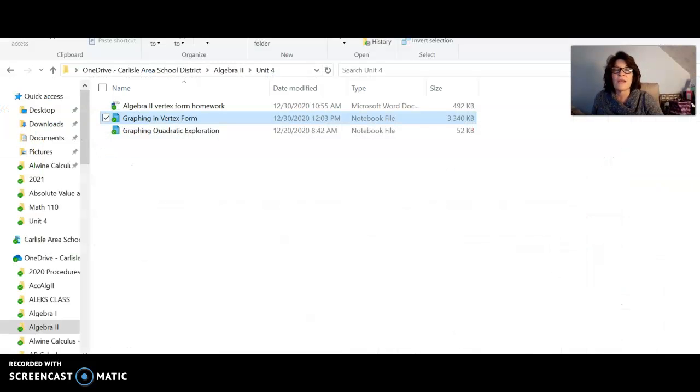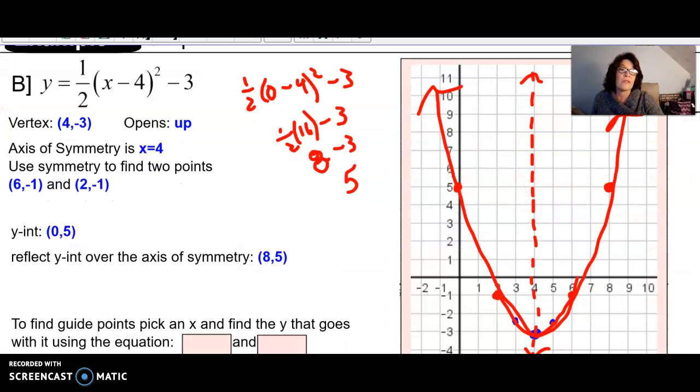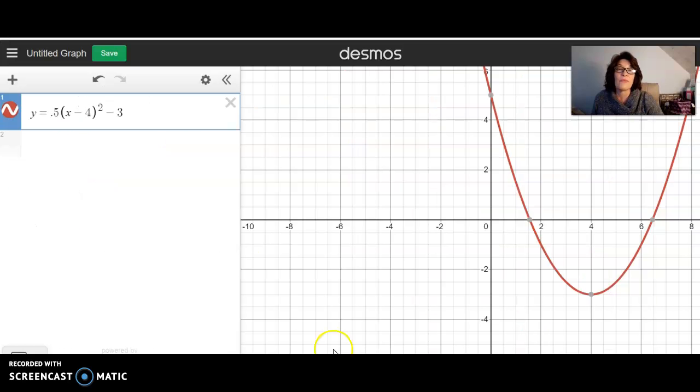Okay, and so you can just look at it there and see if it looks like what we graphed, right? You can look at the points that we said. There's the (0, 5). Okay, there's my vertex, (4, -3). We said we went up a half.